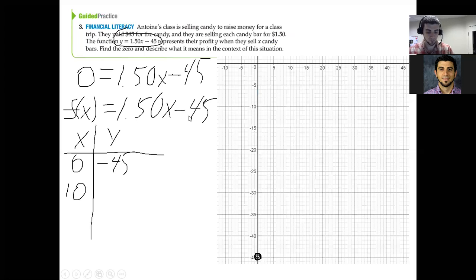So 15 minus 45 is negative 30. Then if I do another multiple of 10, this is going to be $1.50 times 20, which is going to be 30, and 30 minus 45 is negative 15. So negative 15 over here.